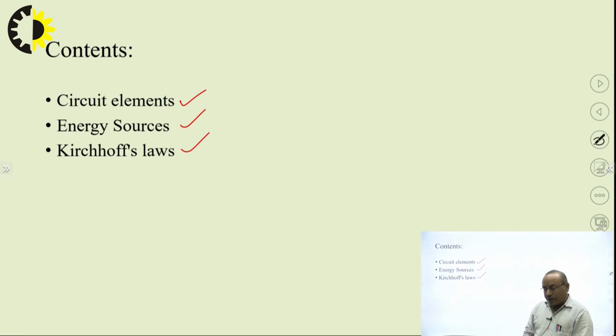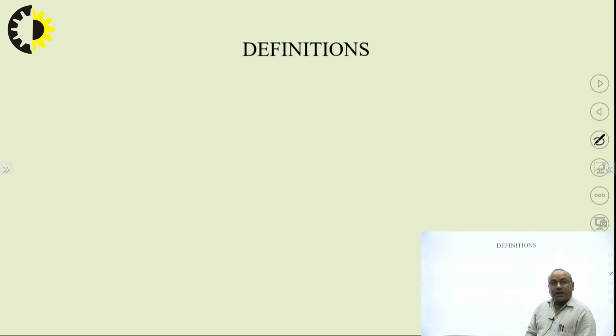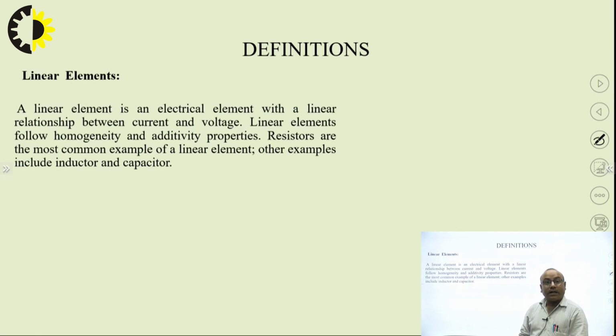So first we go for the circuit elements. We will see them one by one with the definitions, examples and other things. First we have linear elements. What is a linear element? A linear element is an electrical element with a linear relationship between current and voltage, and these elements follow the property of homogeneity and additivity.